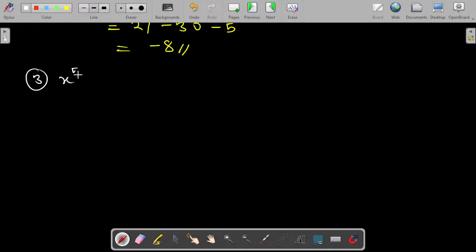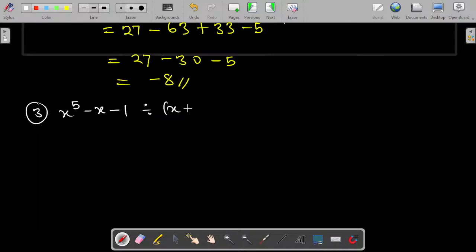x raised to the power of 5 minus x minus 1 is divided by x minus 1 and x minus 2. In some cases we can actually give you this as a quadratic polynomial. That means expanding it.